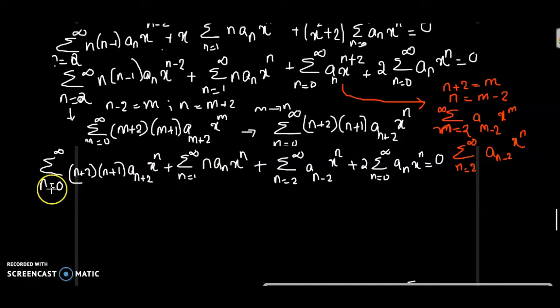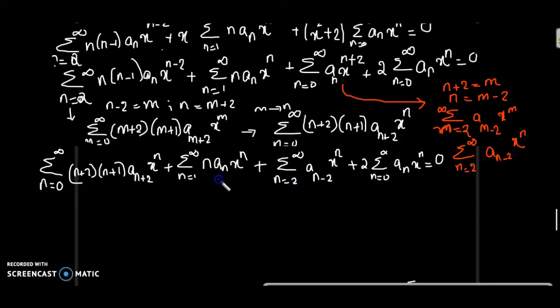Now the next step is to treat the summations. You can see that this is the largest summation series in the given equation. This one is the largest because it has more terms than those present in this one or in this one. Here also the same situation: the summation runs from n equal to 0 to infinity.